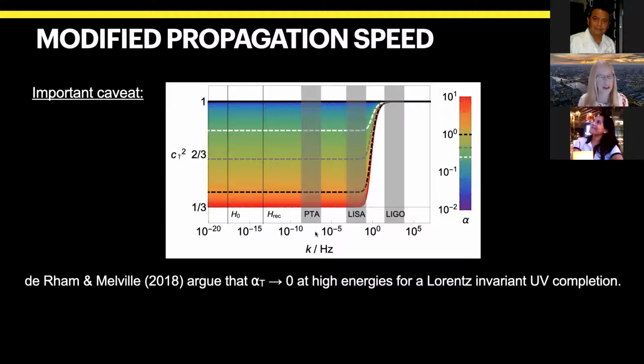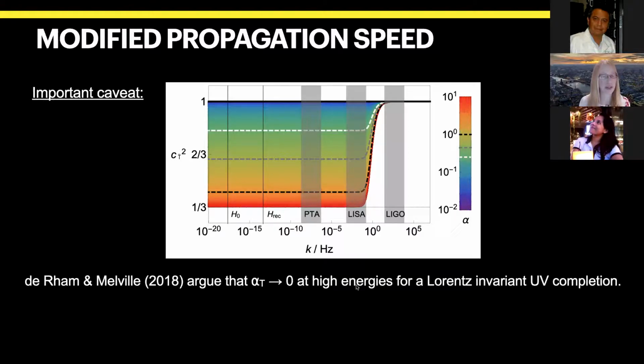So there was one important kind of loophole that was pointed out about a year after the original announcement, and it came from a paper by Durham and Melville. And they made an argument from kind of very abstract but very general grounds that actually one would expect alpha T, so the difference in the speeds, to reduce to zero at some energy scale.